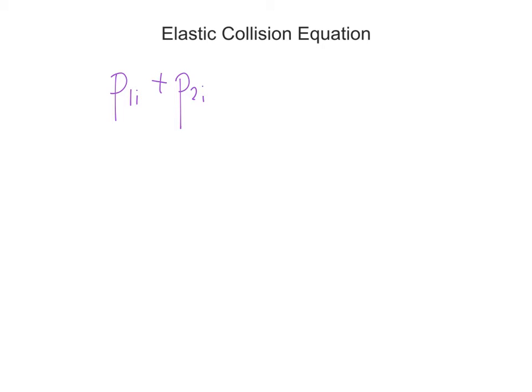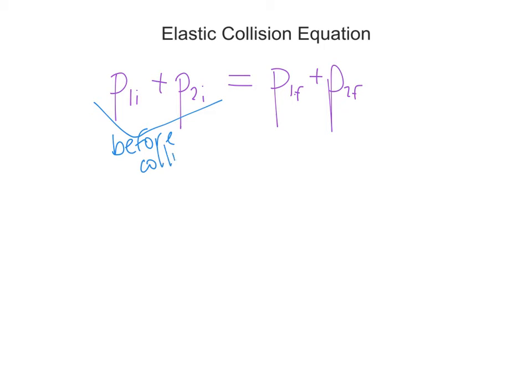That is going to then equal the final momentum of object 1 after the collision, plus the final momentum of object 2 after the collision. So this side is all before the collision, and this side is all after the collision.